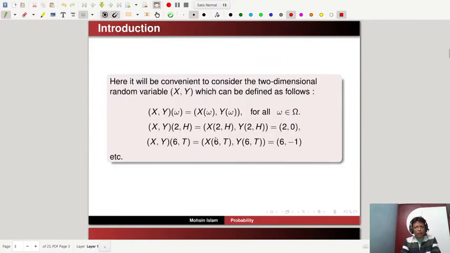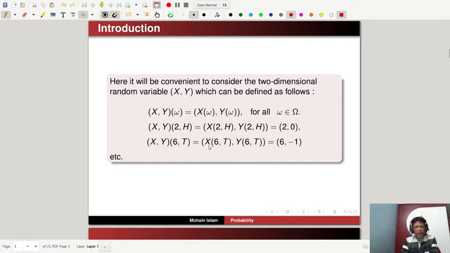So now if you take x(2,H), that will be 2 according to the definition of the random variable x, and y(2,H) will be 0 because if it is a head, y will take the value 0. Take another sample point or outcome (6, tail).